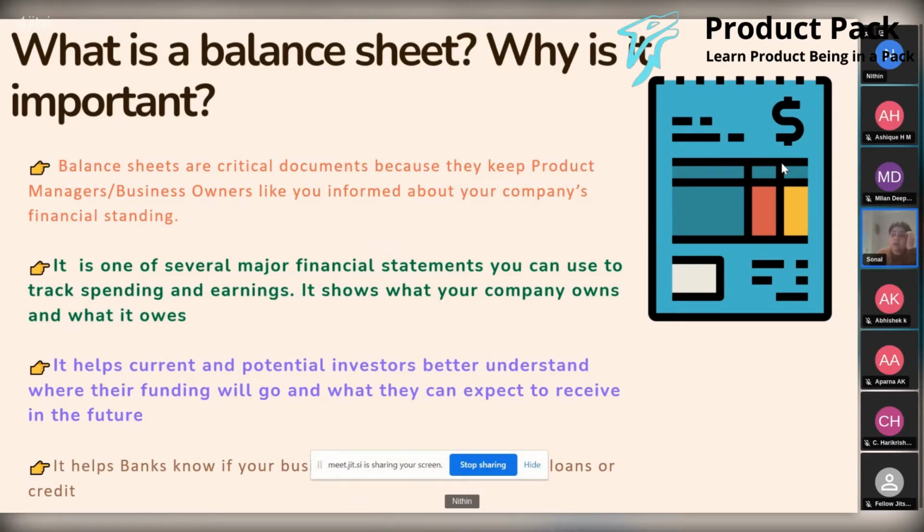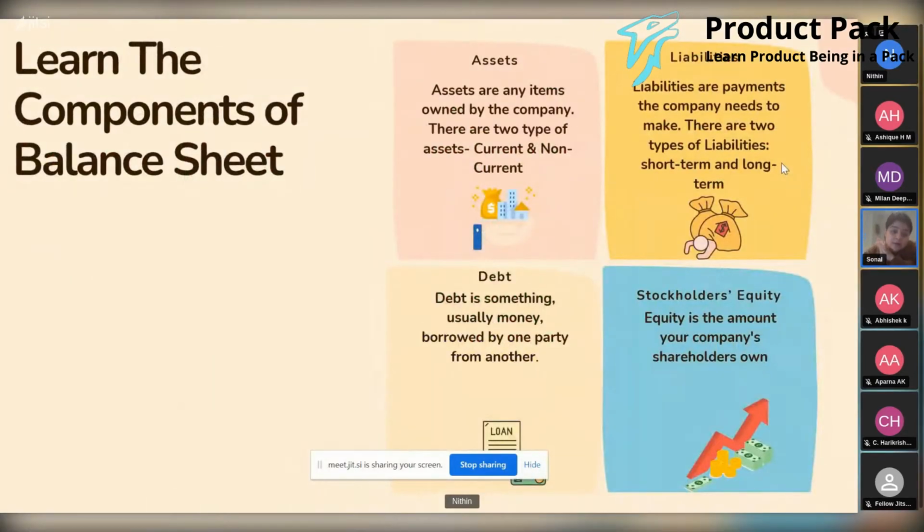So now we'll talk about assets. Assets are any items that are owned by the company. There are two types of assets: one is current and the other one is non-current. The current assets can be turned into cash within a year, and long-term assets, that means non-current assets, can stay on your balance sheet for years.